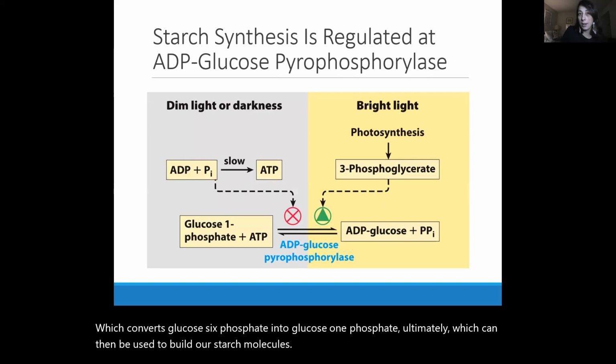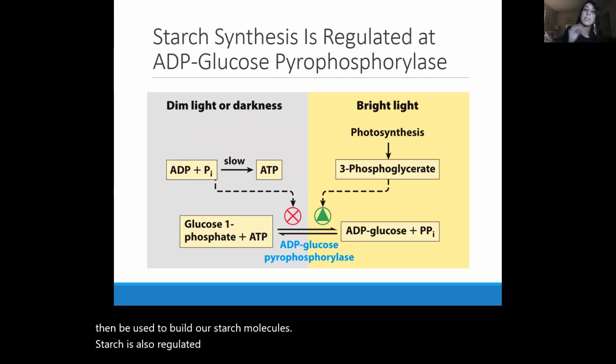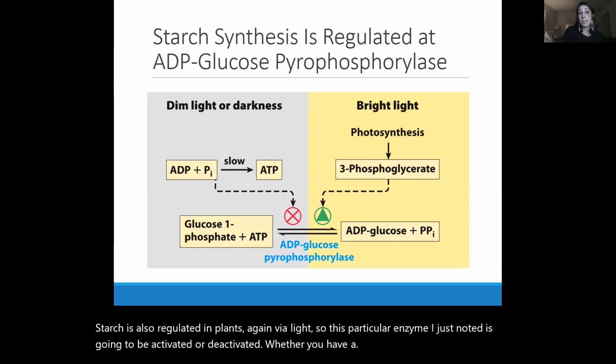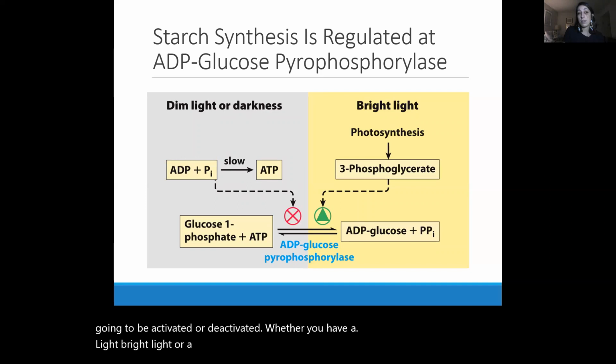Starch is also regulated in plants, again, via light. So this particular enzyme I just noted is going to be activated or deactivated whether you have a bright light or a dark situation, or even in dim light, it's differently regulated.